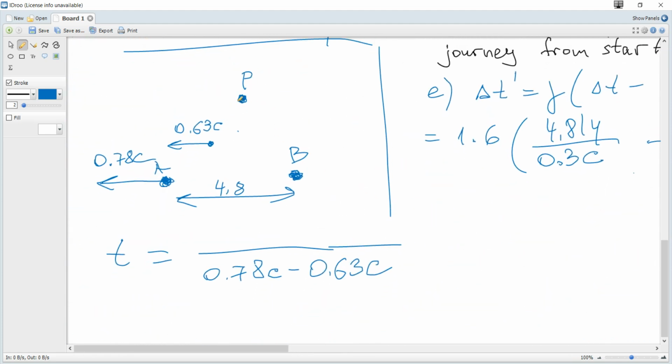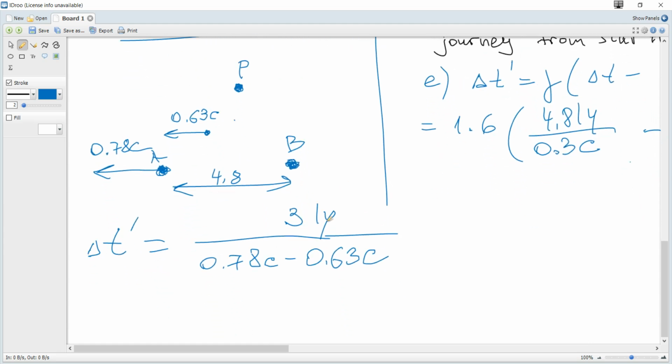Why? Because relative to P, the stars are moving with speed 0.78 c, and P will measure contracted length. So we should use 4.8 divided by gamma for v 0.78 c, or 3 light years, and delta t primed. It doesn't matter, but to indicate that P is generally moving, to be a moving reference frame, let it be delta t primed.